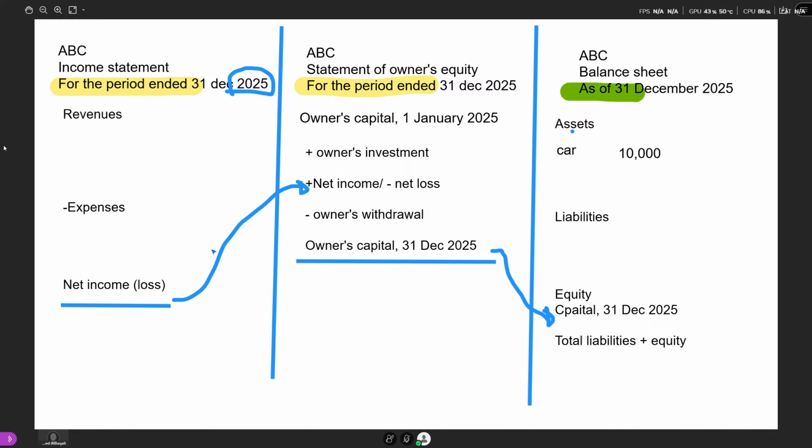If you see, this is what happened. Eventually, it ended up in your equity section under the capital account.